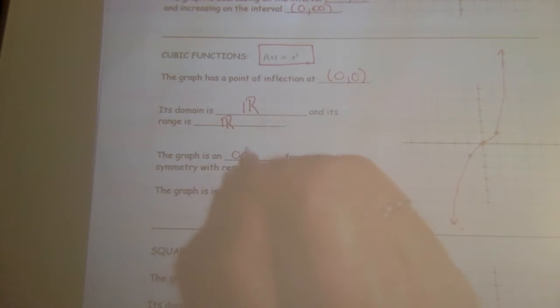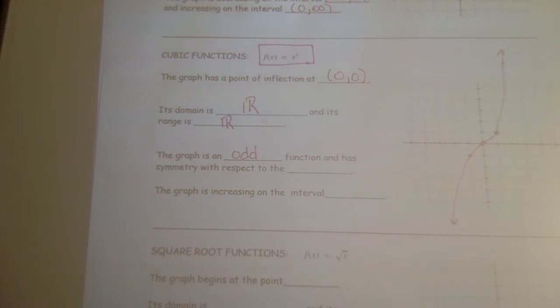This graph is an odd function because it has symmetry with respect to the origin. That means when the point 1, 1 is on it, so is the point -1, -1, and 2, 8, -2, -8. That means the signs switch on both x and y.